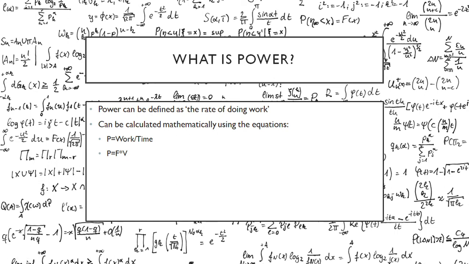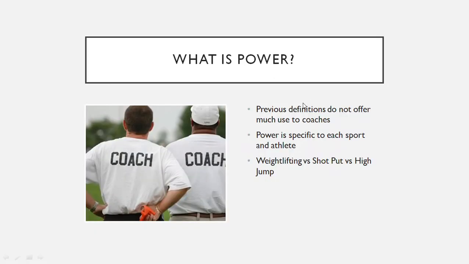But the fact is that these mathematical equations and textbook definitions don't mean much to sports coaches. They don't care about maths equations. They just care about how this is going to make their athlete better at their sport.